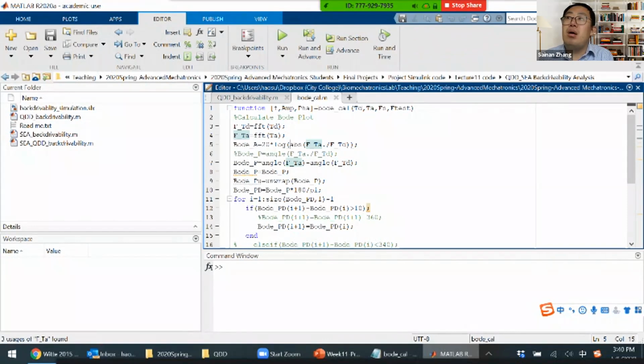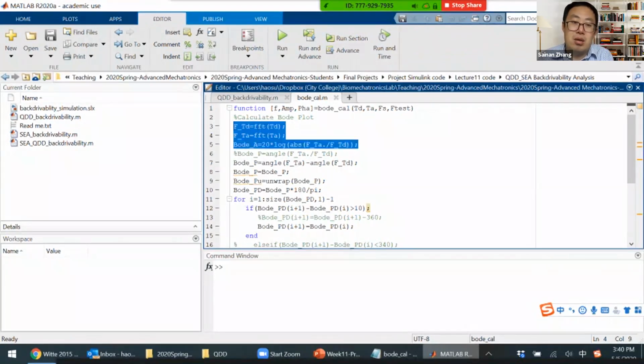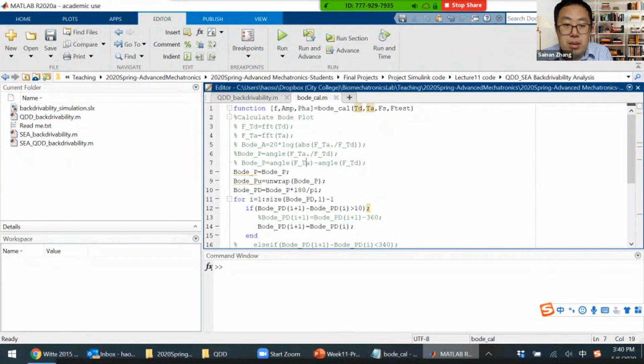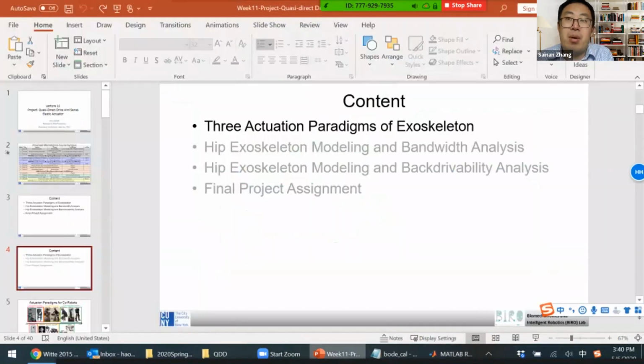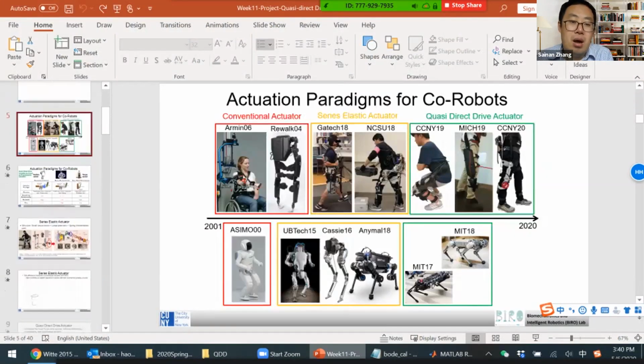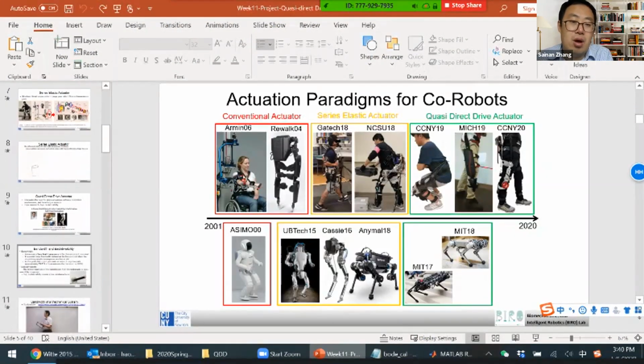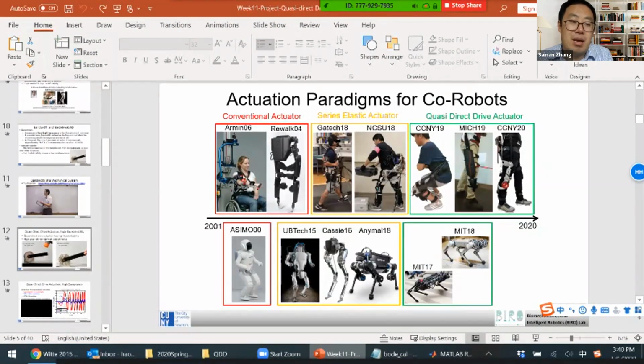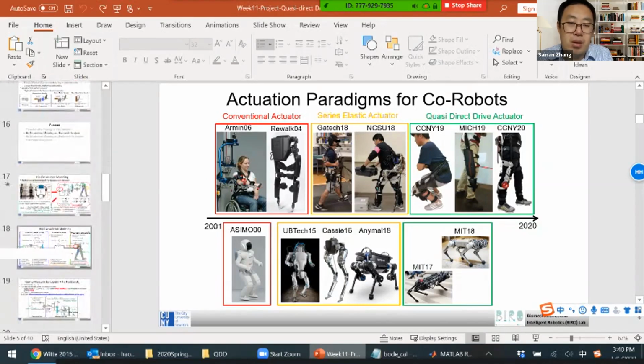Basically we just want to plot this transfer function, and that's what it's doing here. You don't need to check that portion. Essentially, for Fourier transformation, we want to find the dominant frequency. That's why we have a Fourier transformation there. I hope this answers your question.